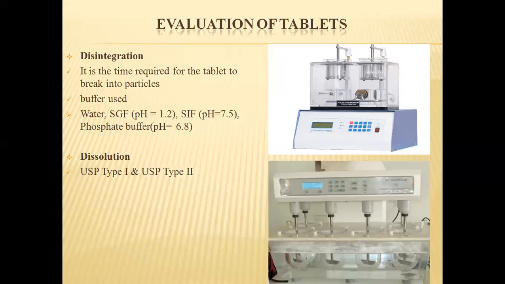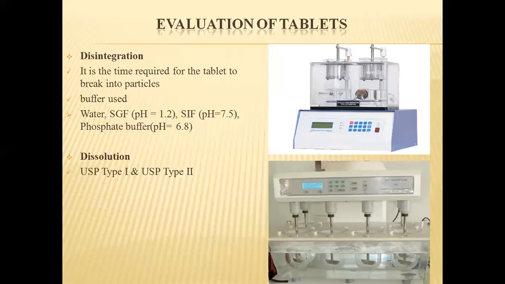The tubes are around 3 inches long and they are open at top, and at the bottom portion one mesh is present. The temperature of this is maintained around 37 degrees centigrade, and the medium we are keeping over here is generally a buffer solution that can be simulated gastric fluid.